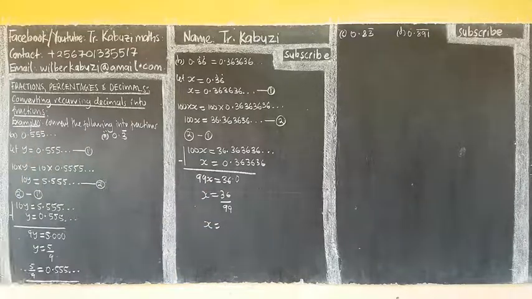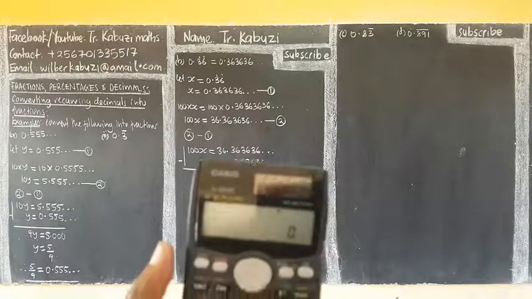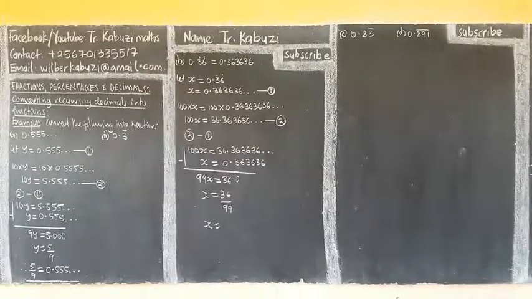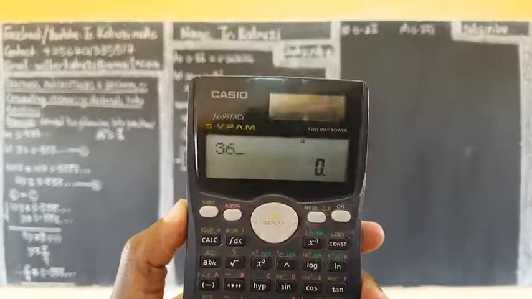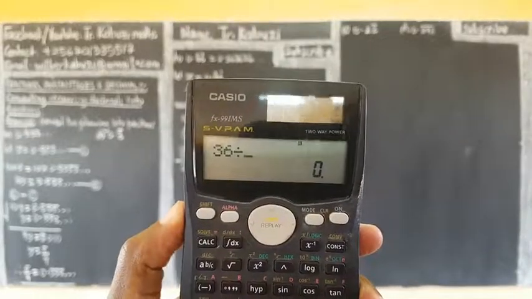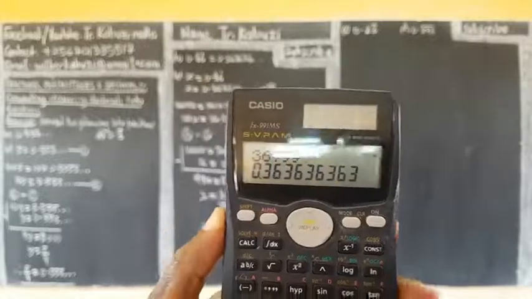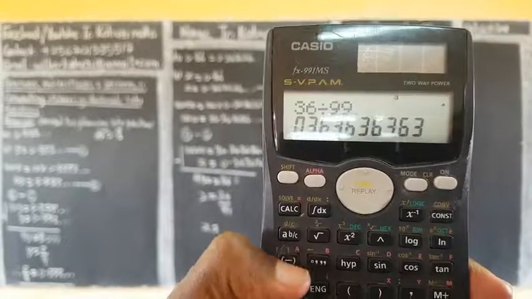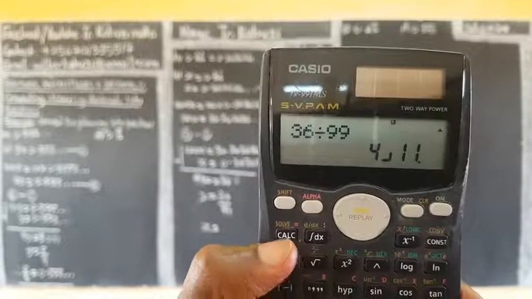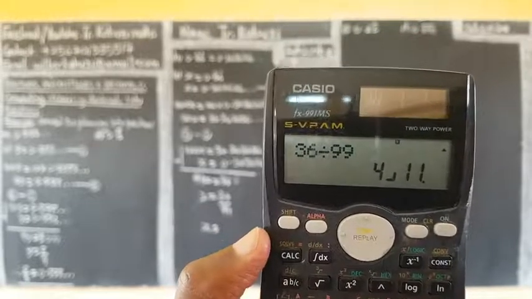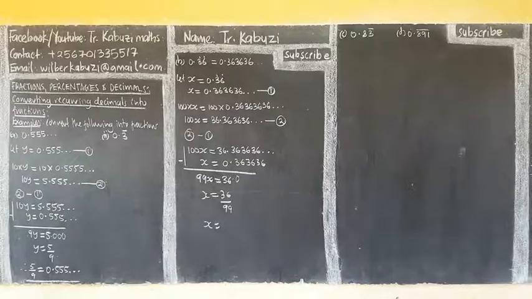But there you don't need to waste a lot of time. Let me show you. What you do, you press the number you have. You see we have there 36 over 99. So you press 36, then you say divide by 99, then you press equals. Then after I press this button, you see, now that is the simplified fraction. That's the lowest fraction you can get.